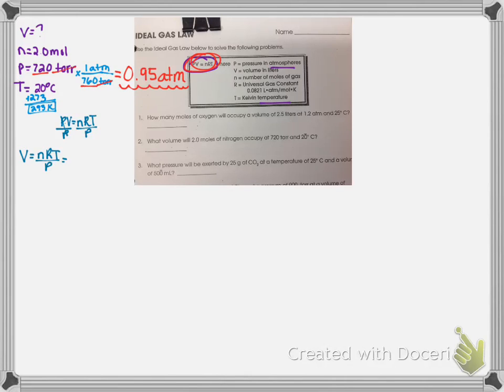So our n, we said, was 2 moles. Our R is the universal gas constant, which is 0.0821 liter atmospheres per mole Kelvin.